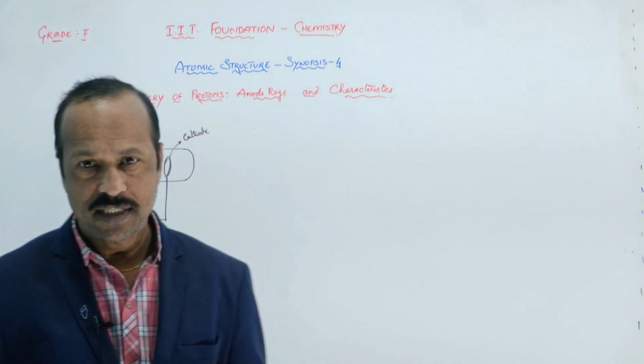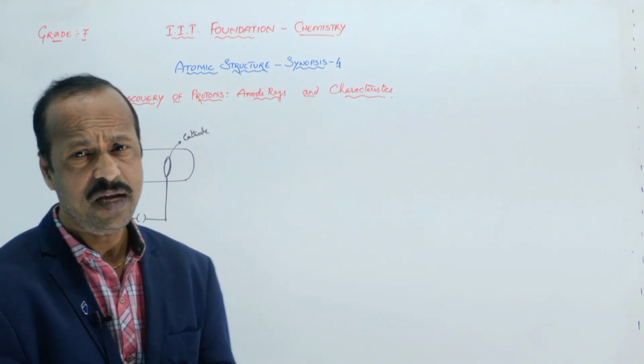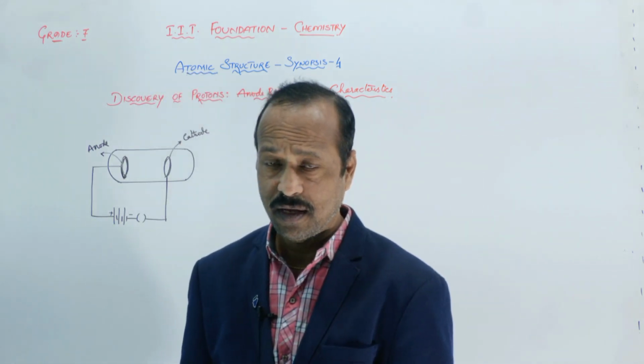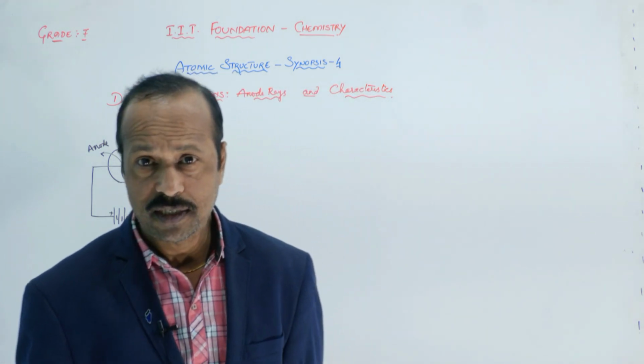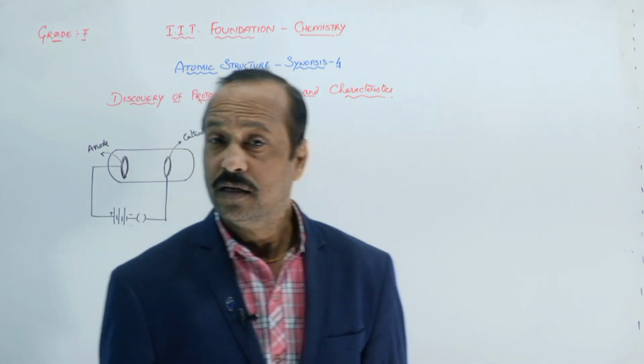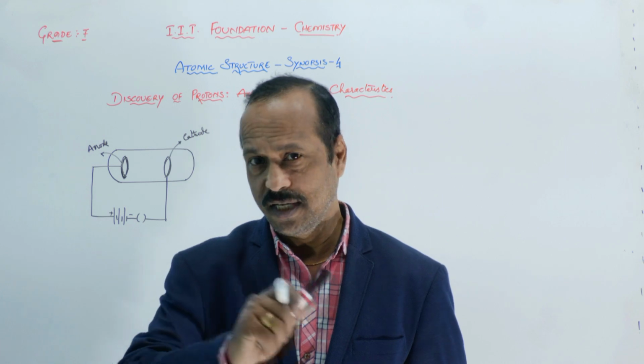So Goldstein thought and observed that if the atom is neutral and negatively charged electrons are coming out of the atom, then there should be a positive charge in an atom.